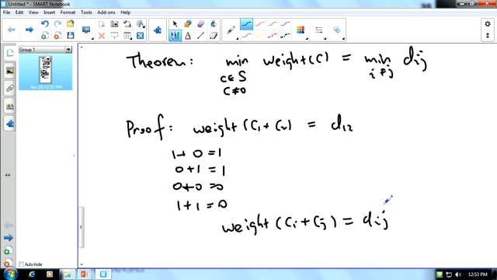So for any pair of code words, their summation is always another code word. Okay? And therefore, the minimum of this weight equals the minimum of the Hamming distance. Okay? And this is a valid code word. So the minimum of the weight of the code equals the minimum Hamming distance.